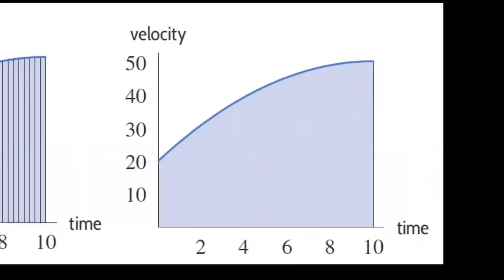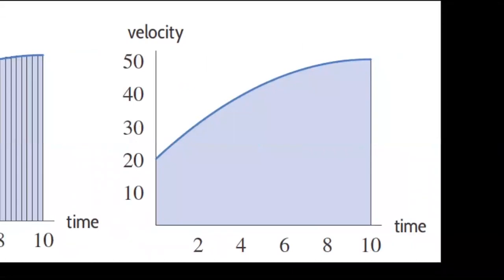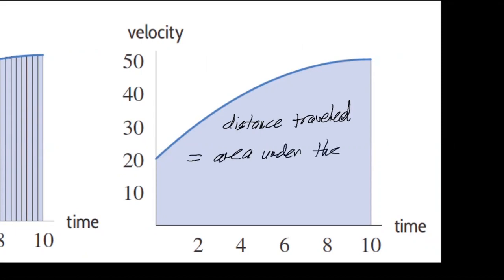And so the idea here is that the distance traveled equals the area under the velocity curve. We're approximating two different things simultaneously, so they must be equal. We're approximating the distance traveled just with these rectangles, just rate times time, but we're also approximating the area under the curve. So that's the big idea.